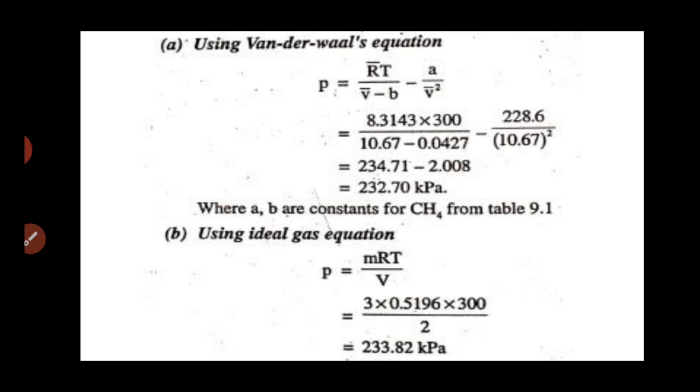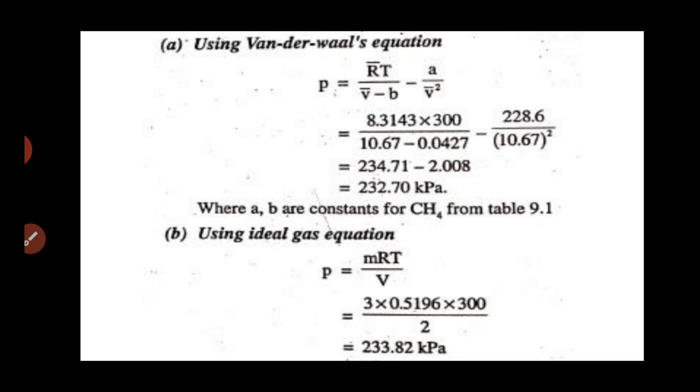Now we'll start with the van der Waals equation: P is equal to R bar T divided by V bar minus B, minus A divided by V bar squared. Substituting the values, R bar is 8.3143, temperature is 300 Kelvin, divided by V bar, which we calculated as 10.67, minus B. These constants A and B you will get from the table. I think you have now understood how to read the van der Waals constant table; you will get the direct values of A and B. Here the value of B is 0.0427, as we have seen in the earlier problem also.